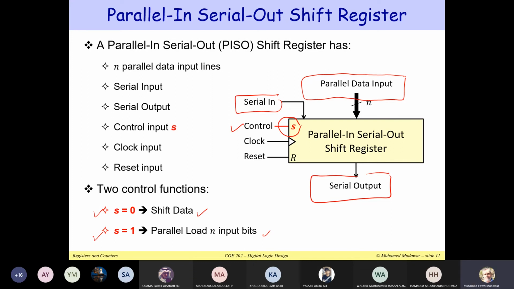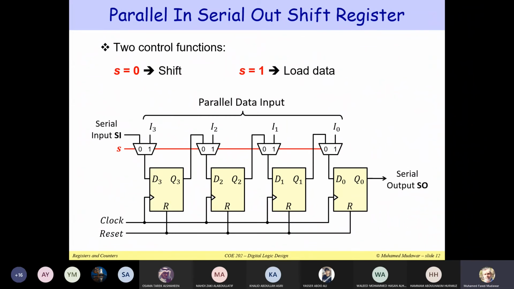Now notice that here I have a control, right? You should think about this. It will be the same. We will put multiplexers. Exactly. We need multiplexers because we need to control them, and the wiring will depend, of course, on the function that you would like to implement. This is shown here in this slide. Notice that if S is equal to 1, my parallel data input is I3, I2, I1, and I0, and see how they are connected to input 1.